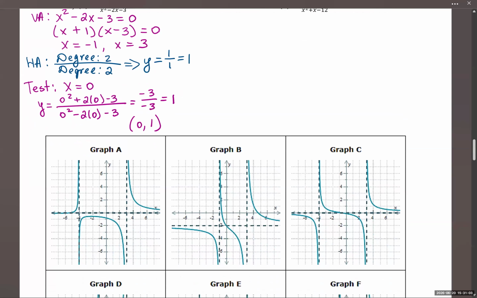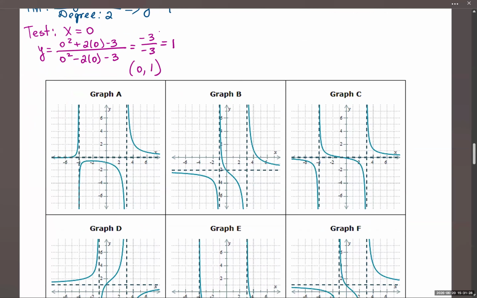Let's look at the graphs. So we need the vertical asymptotes to be at -1 and 3. Look at A, that does not have the correct vertical asymptotes, so we'll skip that. Graph B has the correct vertical asymptotes, but the horizontal asymptote is at -2, not at 1, so it's not graph B. Graph C does not have the correct vertical asymptotes.